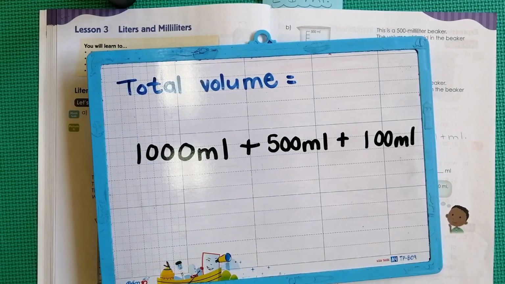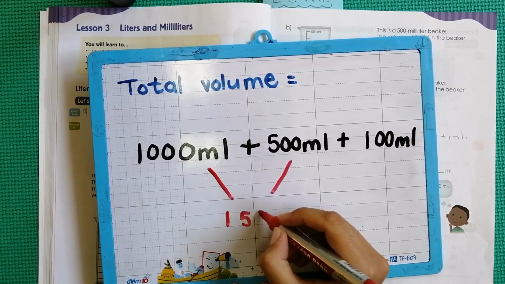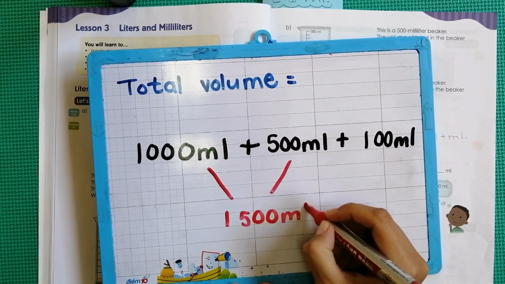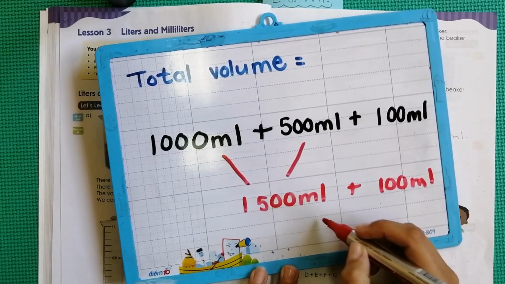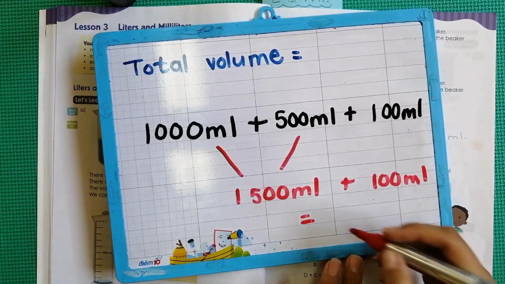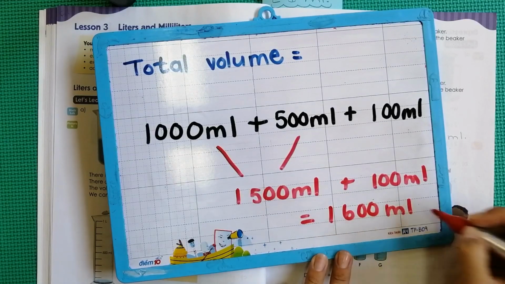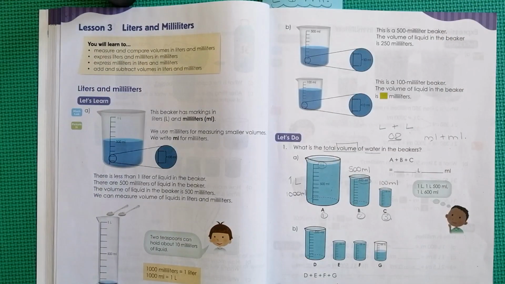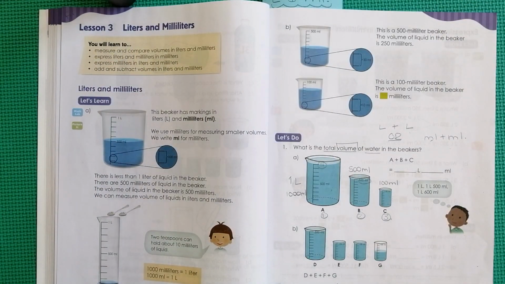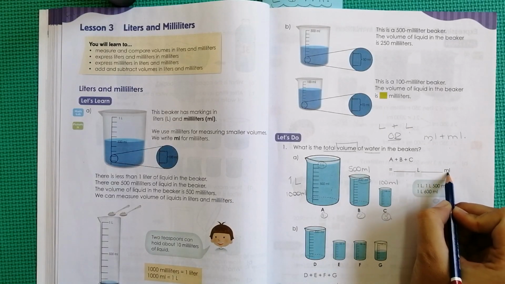Let's get this. It's 1,500 plus 100 milliliters, and the total would be 1,600 milliliters. Okay, but they want to know the answer in liters and milliliters.